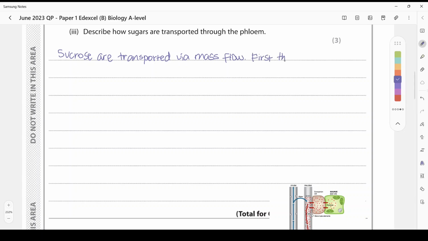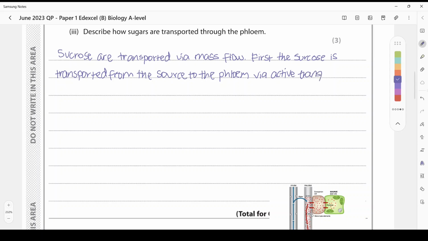First, the sucrose is transported from the source to the phloem via active transport.